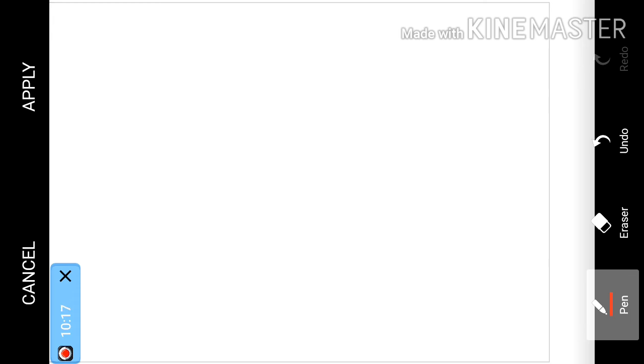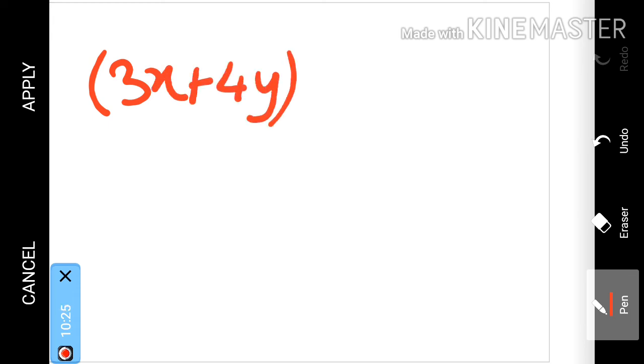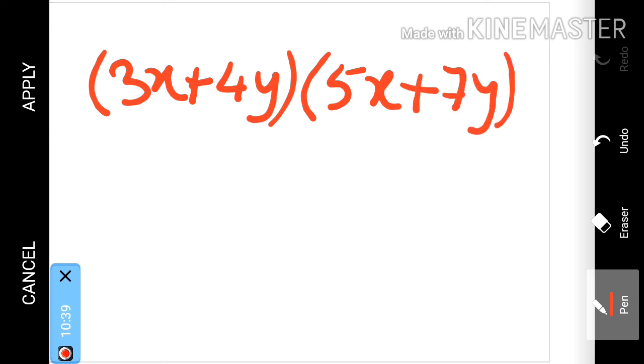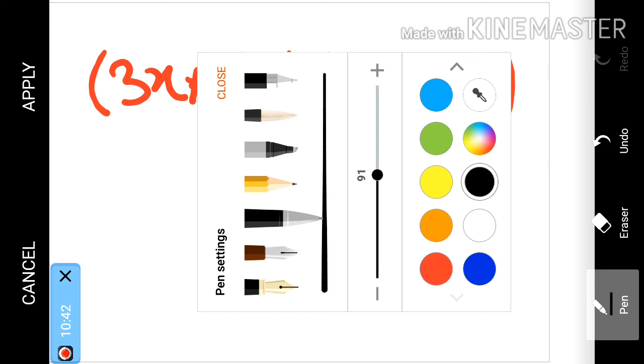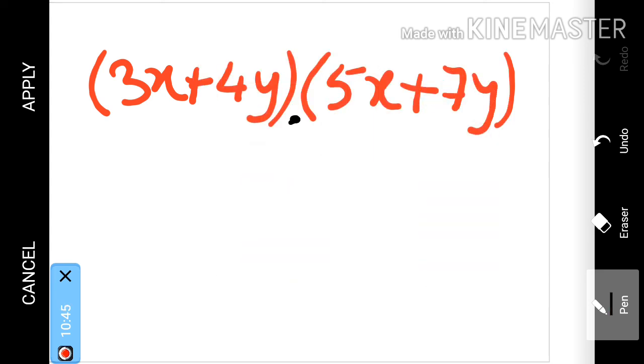Let us take 3x plus 4y, and 5x plus 7y. There is no sign in between the two brackets. That means it is multiplication. It is to be understood that there is multiplication between the two brackets. So we are going to multiply now.